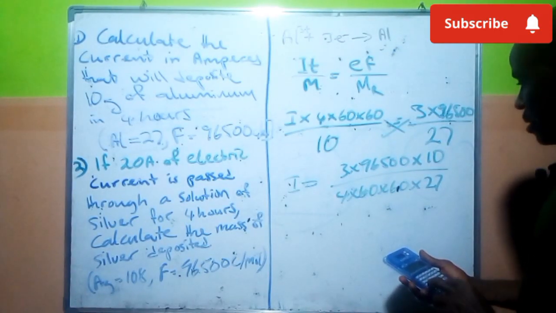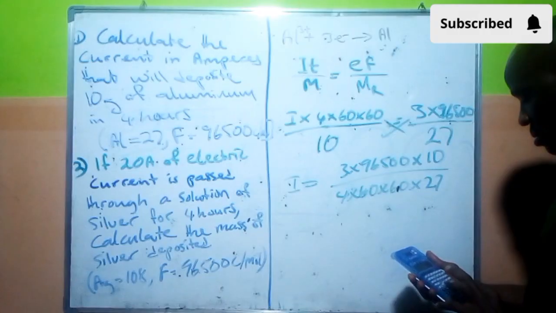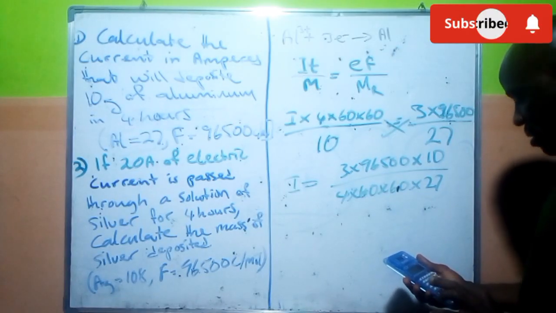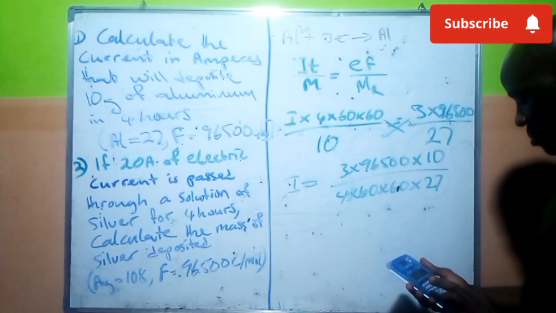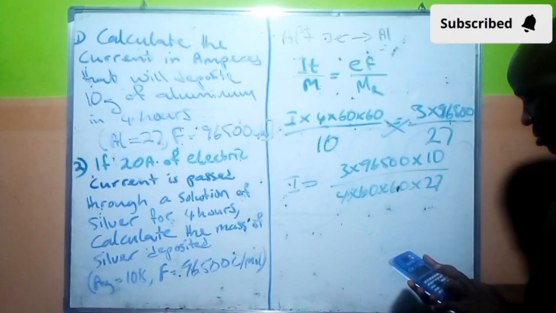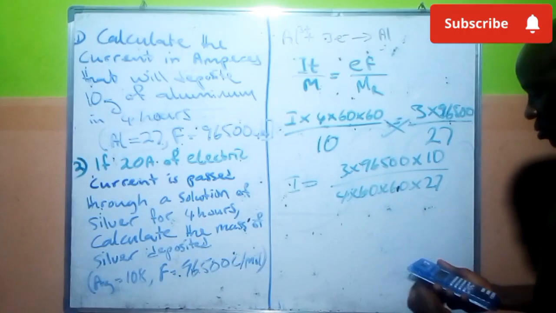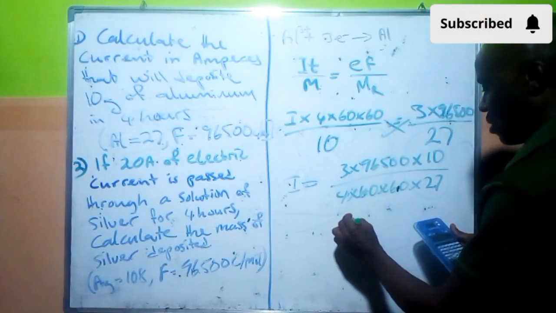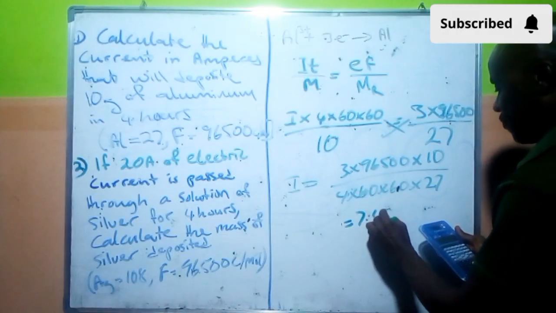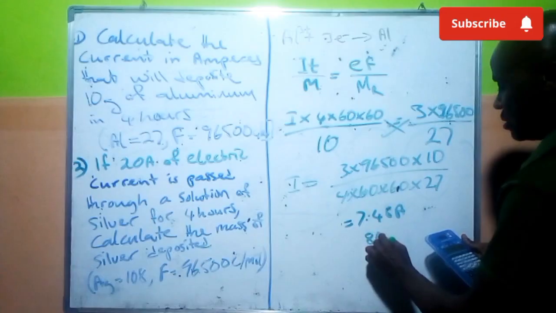Let me put this in the calculator. 3 times 96500 multiplied by 10, divided by the rest. So our answer, the current, will be 7.45 ampere, or we can make it approximately 8 ampere.